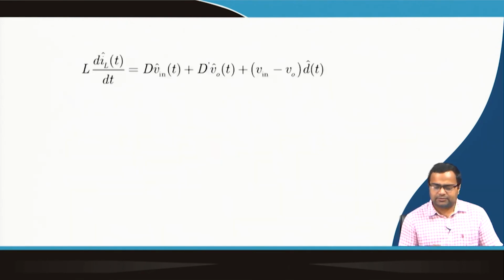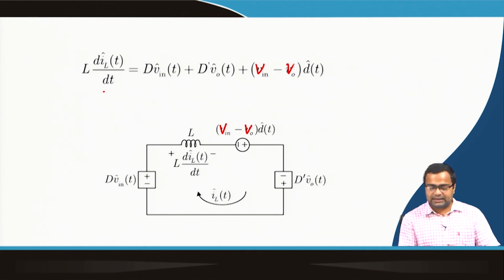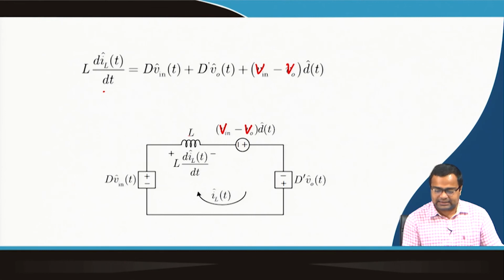And next, if we consider the inductor perturbation dynamics, we can draw the equivalent circuit. Here it is very straightforward that L di/dt is equal to D V in, and this is capital V in, L di/dt. This is added, right. So, if we take L di/dt, we will get this quantity minus plus this quantity.